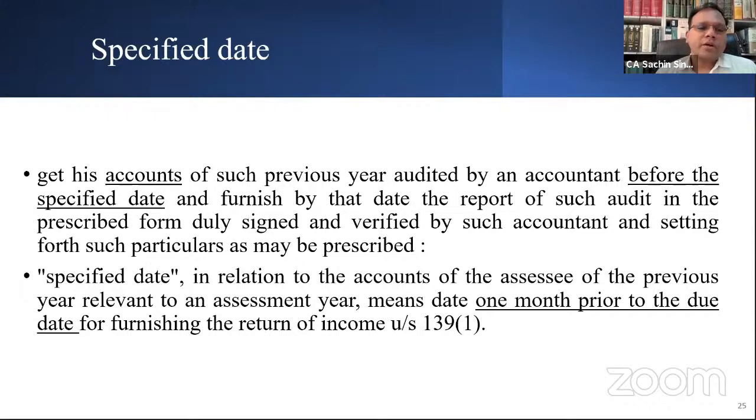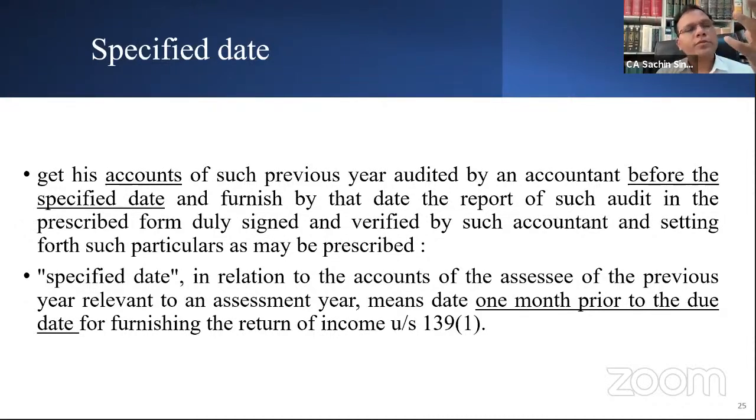So what is the meaning of accounts? Accounts means any document or any books or any piece of paper through which the transaction can be tracked, or the profit can be calculated, that we can say yes, this is the account book through which the transaction can be recognized, of such previous year audited by the accountant before the specified date.